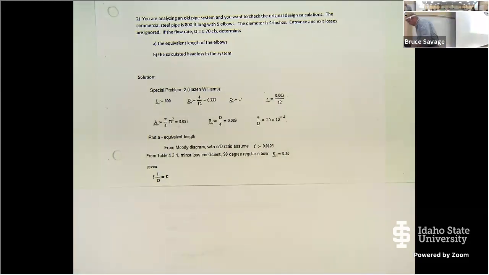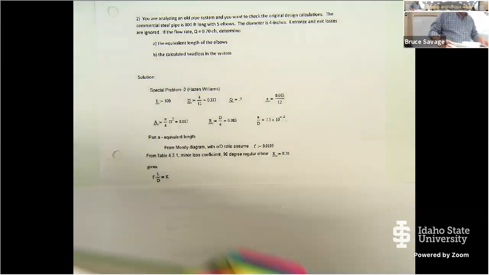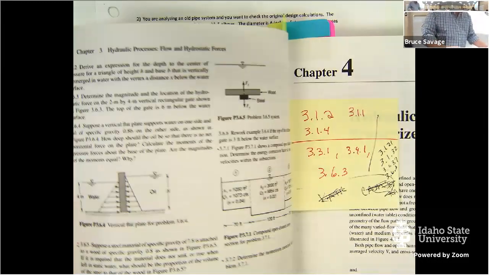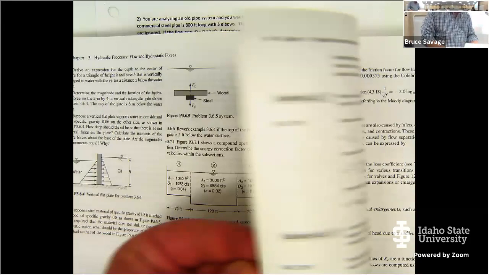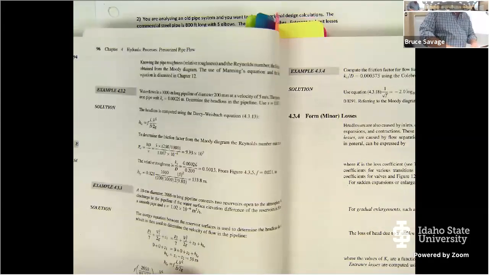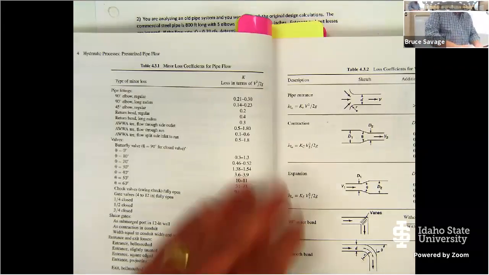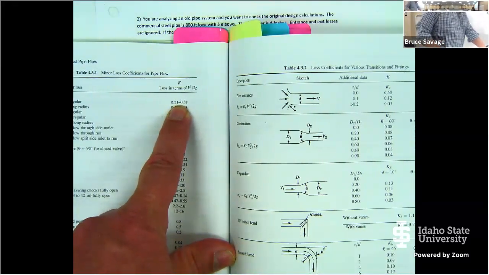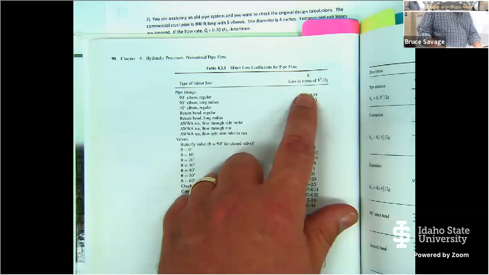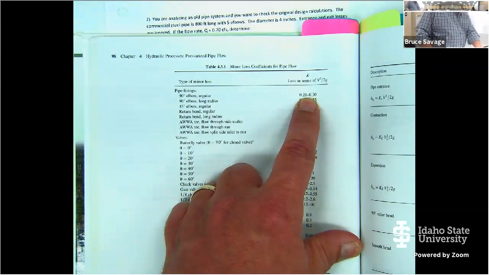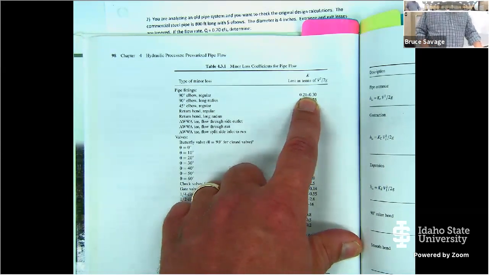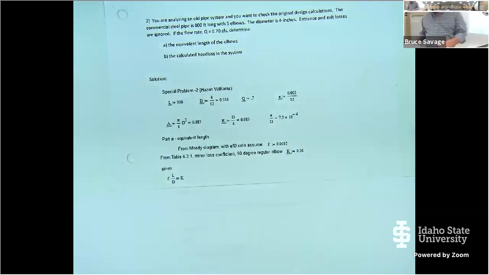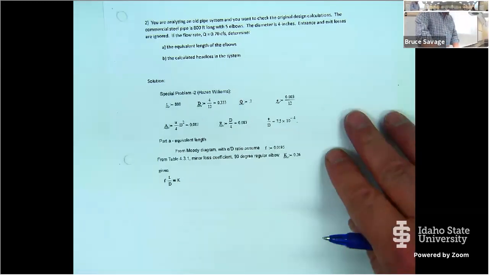In the absence of any other information, I'm just going to split the difference. So I selected 0.26 for my minor loss coefficient. And I have that equation right there.